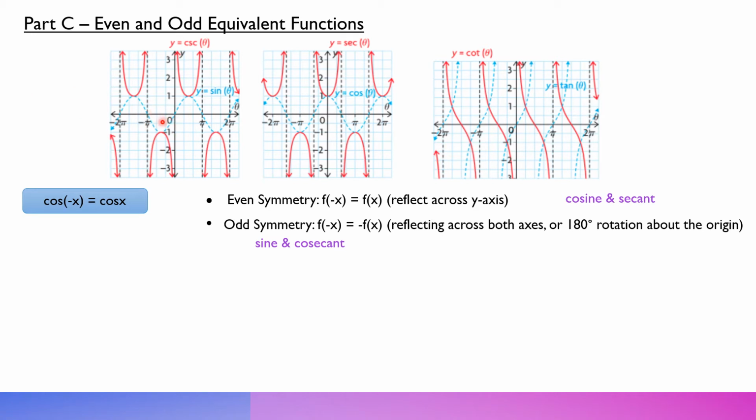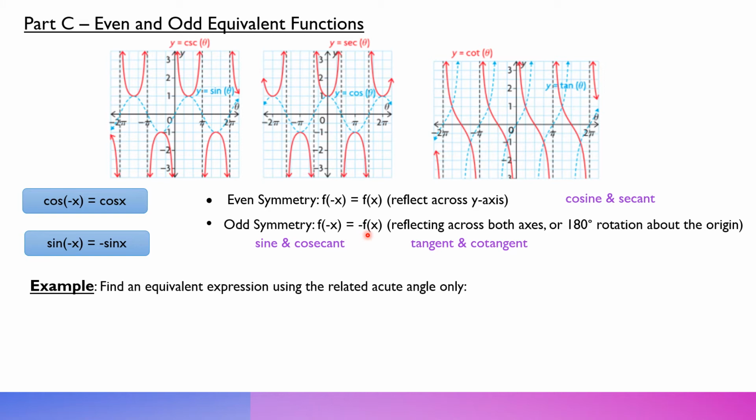Or you could think of it as one reflection. So imagine this blue dotted line reflecting if you had a negative a value, it all of a sudden reflects down, flips over. That's the same as flipping it horizontally. But same with tangent and cotangent. They are also odd. So we could say that sine of negative x is equal to negative sine x. That's just using this notation right here.